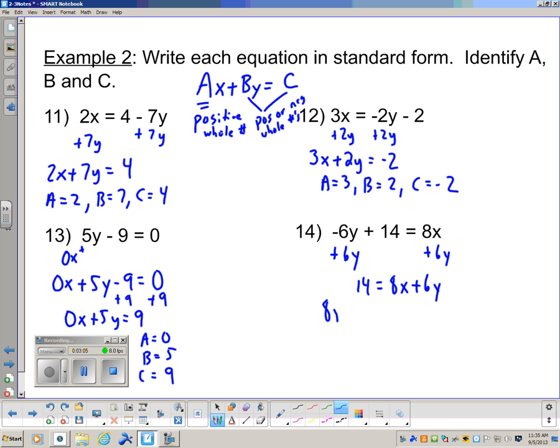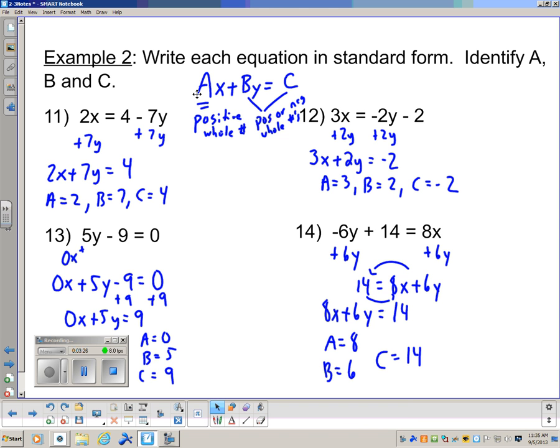So I'm going to put 8x plus 6y first, and then equals 14. So now my a value here is 8, my b value here is 6, and my c value here is 14. So again, I have the pieces that I had to identify there, a, b, and c.